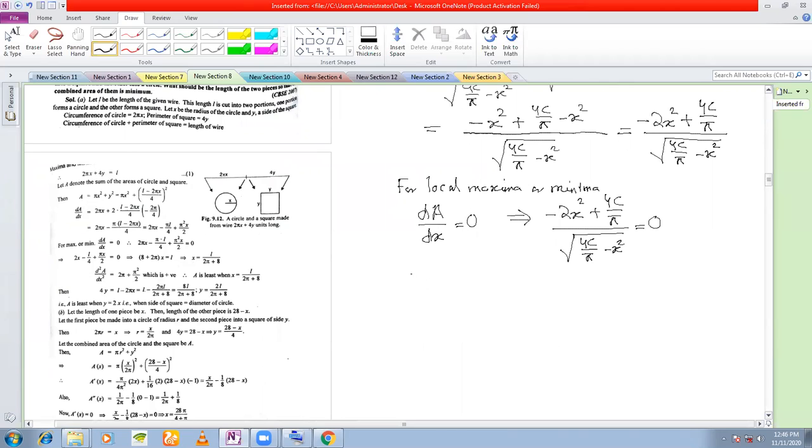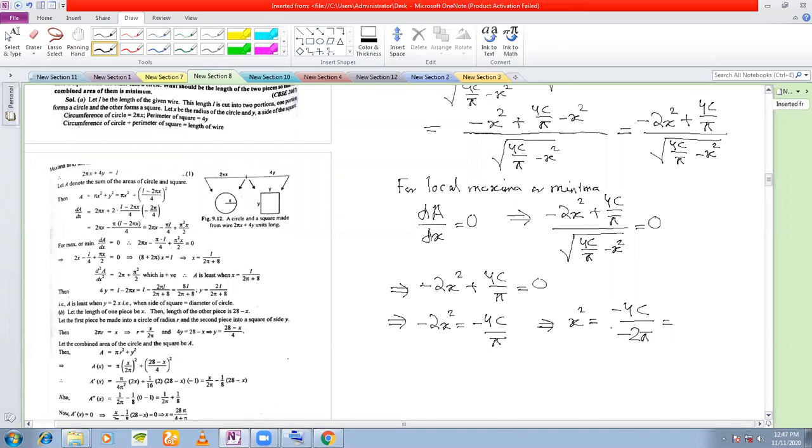Then what is the value of x? Minus 2x square plus 4c/pi is equal to 0. That means minus 2x square is equal to minus 4c/pi. That means x square is minus 4c by minus 2 pi.